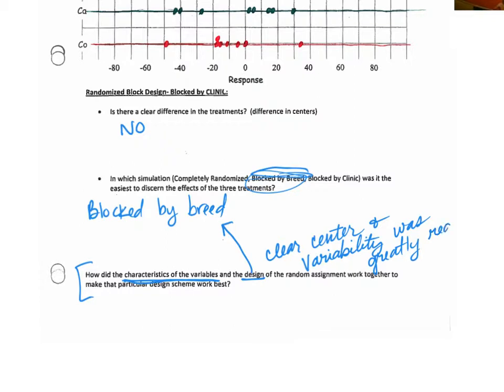Reduced. Very good. The variability was greatly reduced. And that is a key idea that you need to know about blocking. In fact, we're going to summarize right now the key ideas that you need to know about blocking, and then we're going to listen to the song that has to do with those key components.